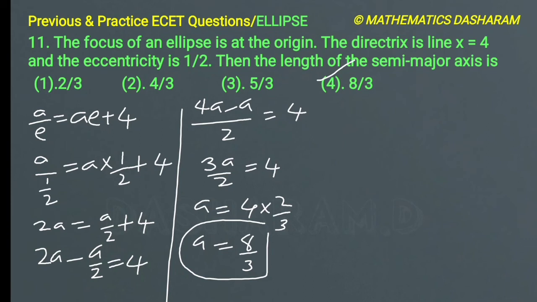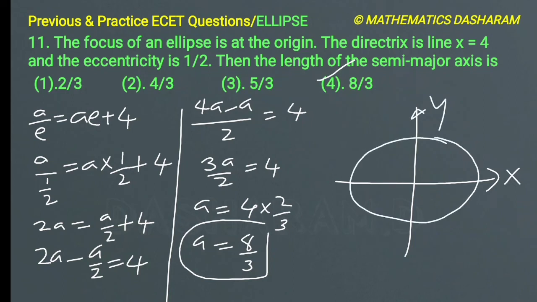Option 4 is correct. Why is option 4 correct? Because he is asking for the length of a major axis. Here is the x-axis, this is the y-axis, and this is an ellipse. See here, this distance is called the length of the major axis. From the center to the focus is a, so a plus a is 2a.